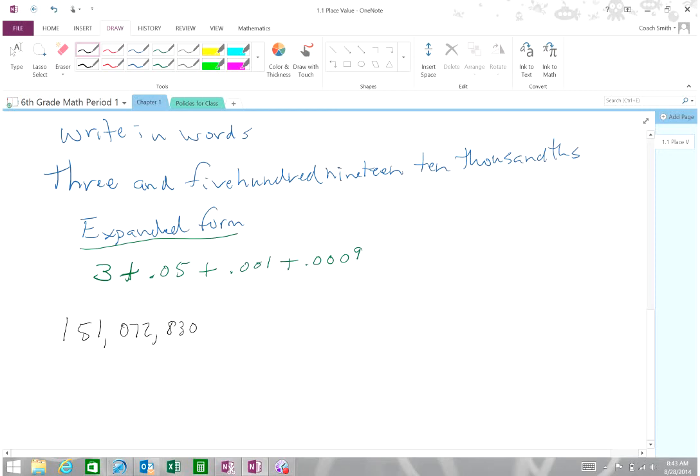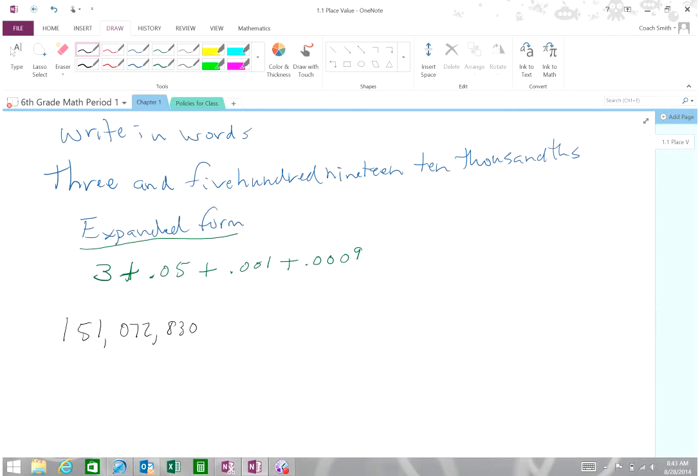Now, most people, when they're saying numbers, have a tendency to say them wrong. It's not a big mistake, but it is a mistake. A lot of people, when they read this number, will say 151 million, seventy-two thousand, and eight hundred thirty. I just used the word "and" when I said it, right? "And" always represents what?